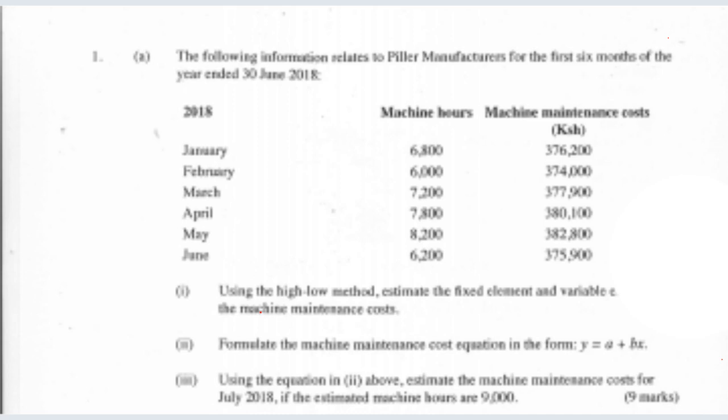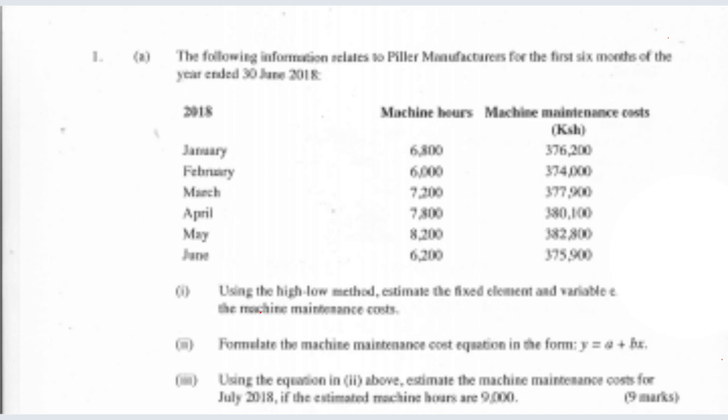So therefore the equation: our y is what you're going to predict. We say that our a is the y-intercept, or the fixed cost.